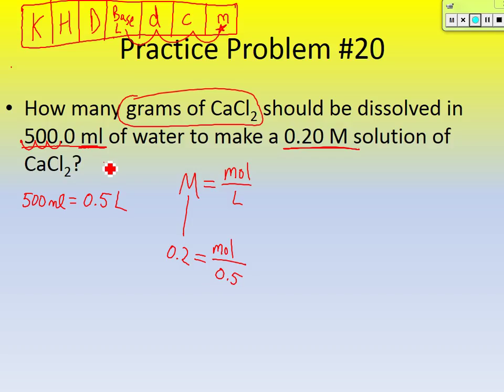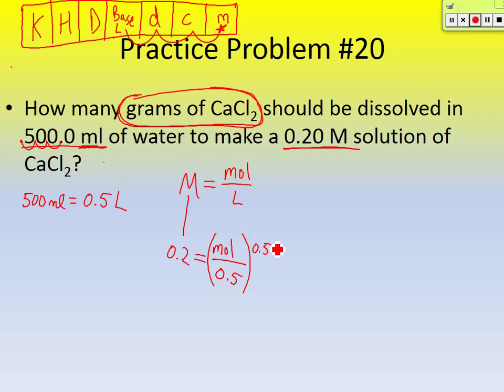So now what's my path from here? I want, ultimately, grams. The way I can get there is if I solve for moles, I can then convert the moles of calcium chloride to grams of calcium chloride. So that's where we're headed. But I need to get moles by itself. How do I get rid of this 0.5 on the bottom? Yeah, to get it off the bottom, you're going to have to times it by 0.5.